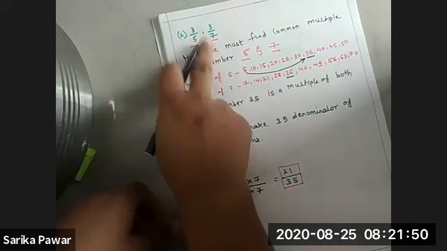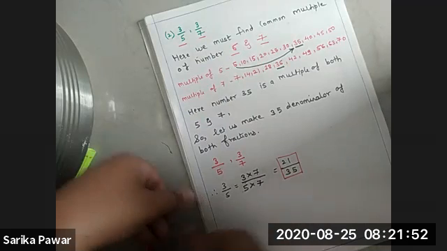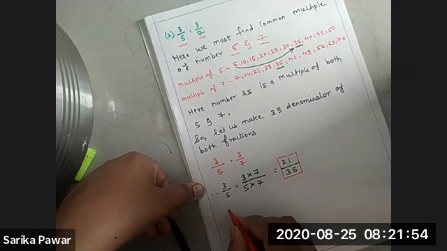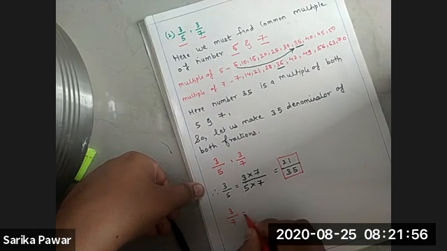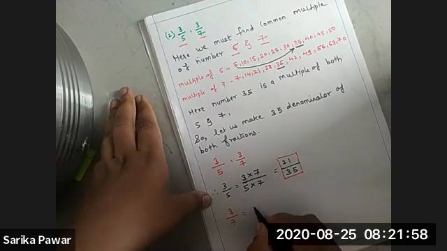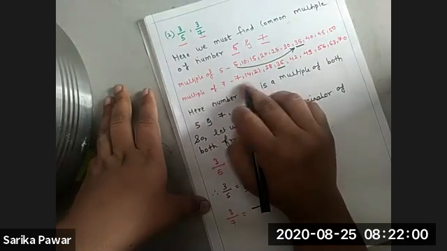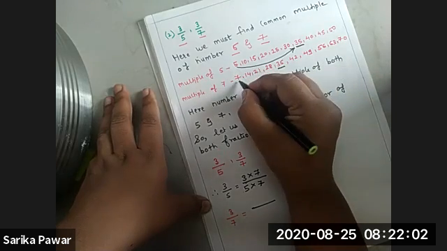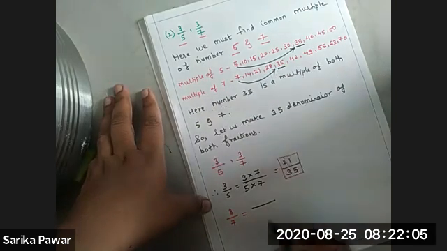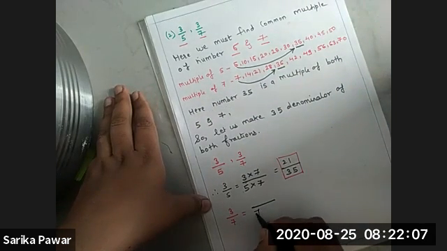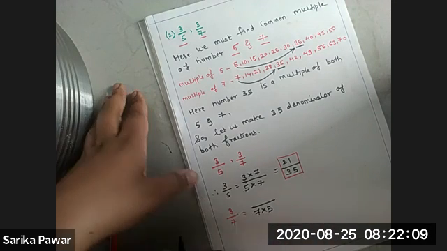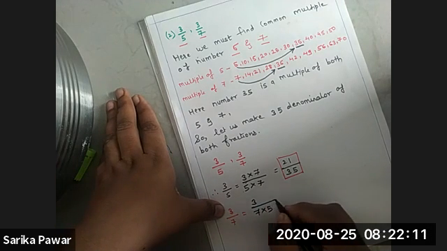Now see second one, 3 upon 7. Now here which number will be multiplied? See, 7 5s are 35. So I will multiply here by 5. Same number we have to multiply in numerator. Multiply by 5.